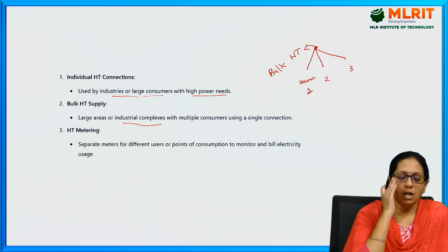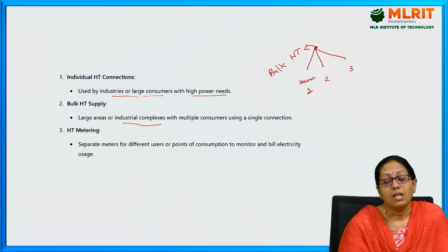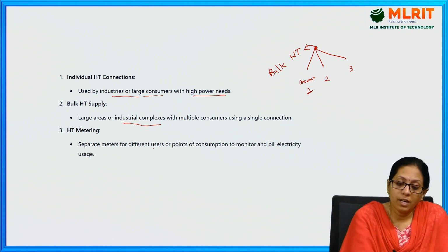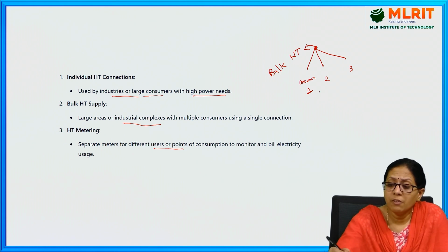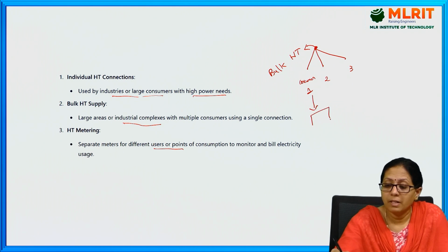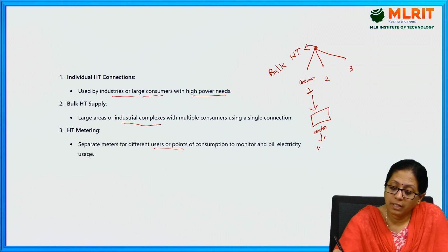Third one is HT metering. HT metering means separate meters for different users as well as points of consumption to monitor and bill electricity usage. That means if there are 3 consumers here, for each consumer there will be a separate meter, and for each meter we will be connecting an HT metering system.